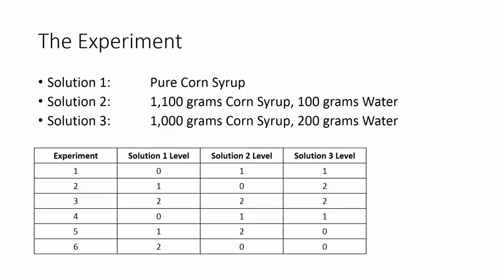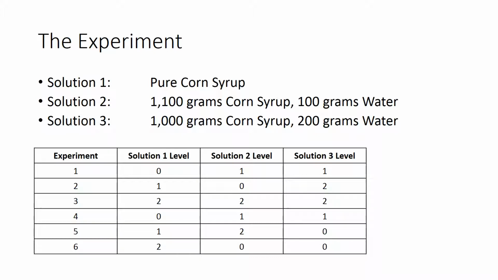Now we're going to look at the experiment that we're going to do for this design of experiments exercise. We're going to work with 3 solutions. All of them are just mixtures of corn syrup and water. Solution A is a pure corn syrup. Solution B you will prepare by mixing 1100 grams of corn syrup with 100 grams of water.